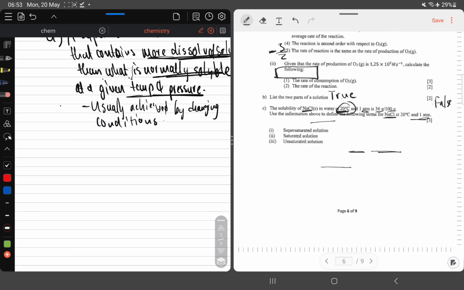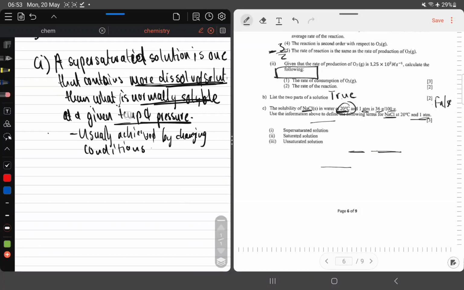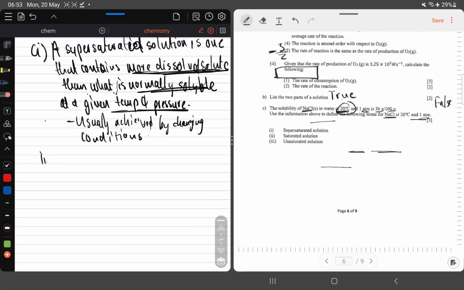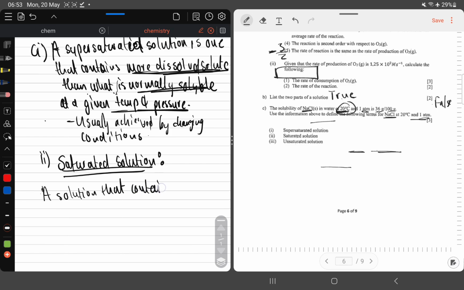Now for the second thing, a saturated solution. To get a saturated solution, what is a saturated solution? It is a solution that contains the maximum amount of dissolved solid at that temperature.